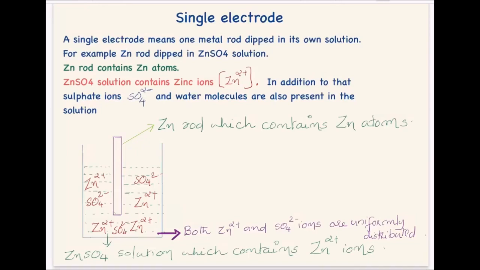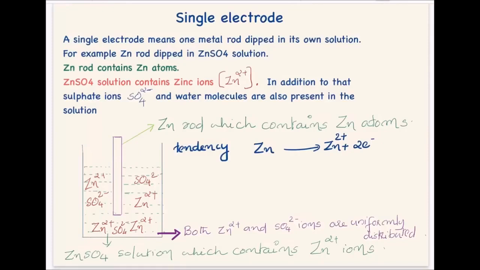First, the zinc atoms in the zinc rod have a tendency, I will call it a tendency, to release two electrons and become zinc ion.